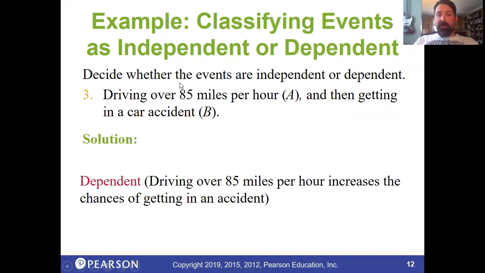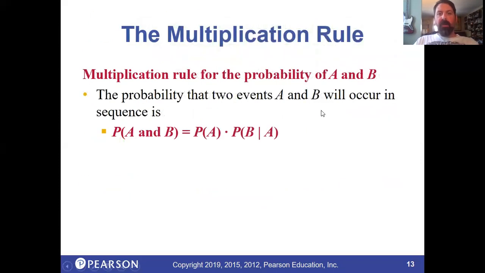I'd also like to point out, this is unsafely fast. On a highway, you could go unsafely slow. I've seen slow drivers causing a lot more problems than the mildly fast ones, but this is a little too fast.